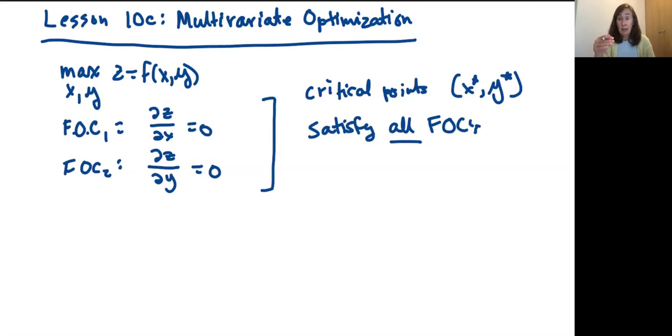As in univariate optimization, the critical points might be minima, they might be maxima, or they might be saddle points. Okay, so they might be something else. And saddle points in multivariate calculus, some of them really do look like saddles. Like there's a maximum in one dimension and a minimum in the other.